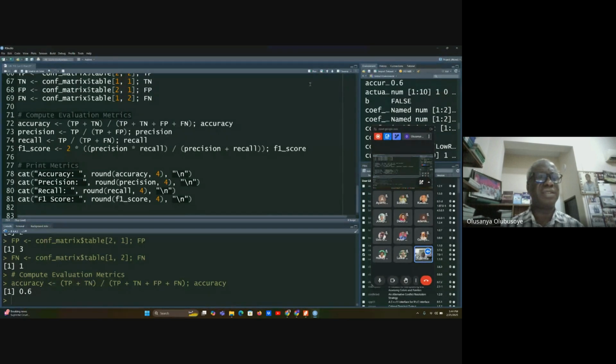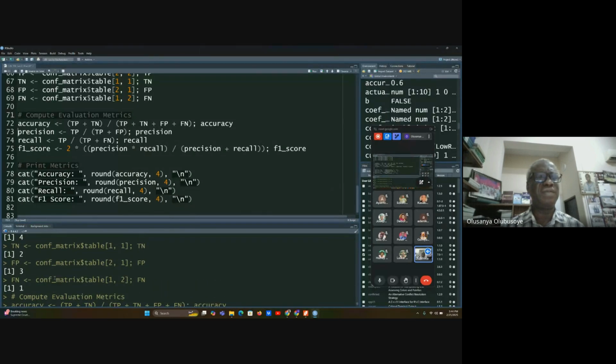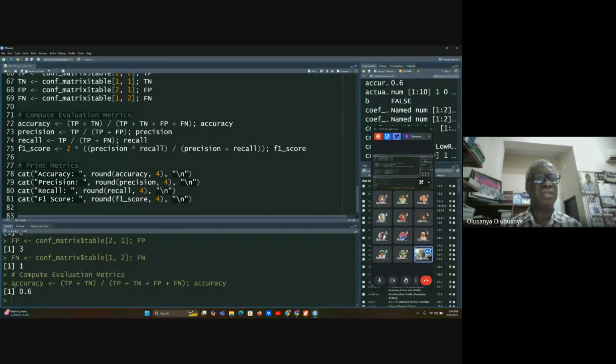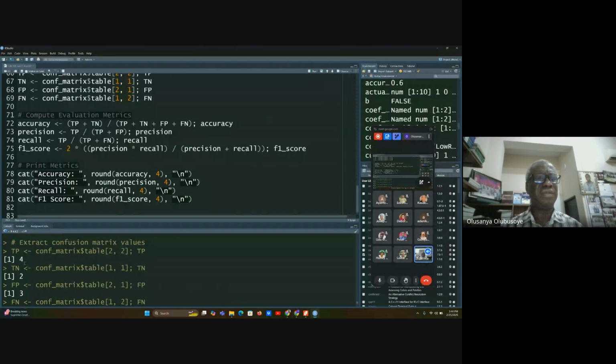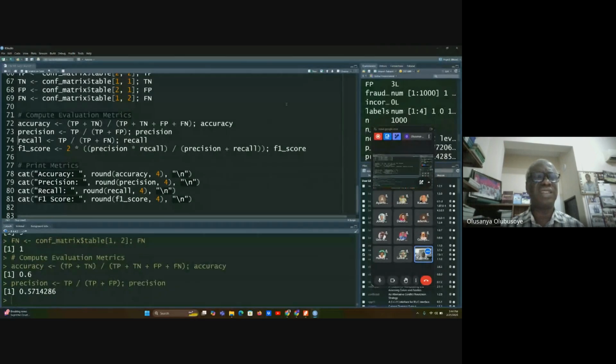And if you run that, you get this expression. For precision, true positive is 4 over the true positive plus the false positive. That gives you 0.571. Recall is true positive divided by true positive plus false negative.